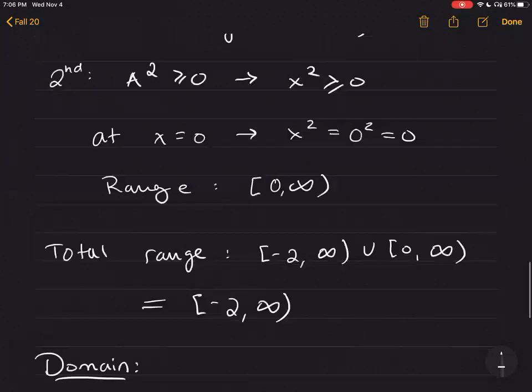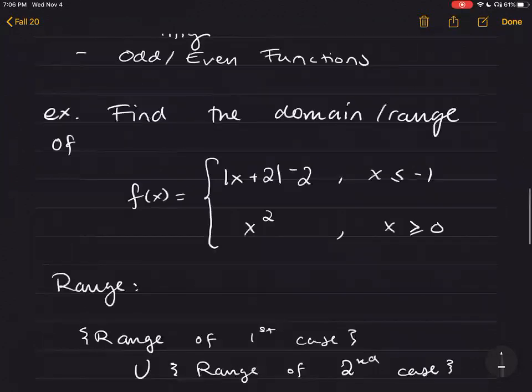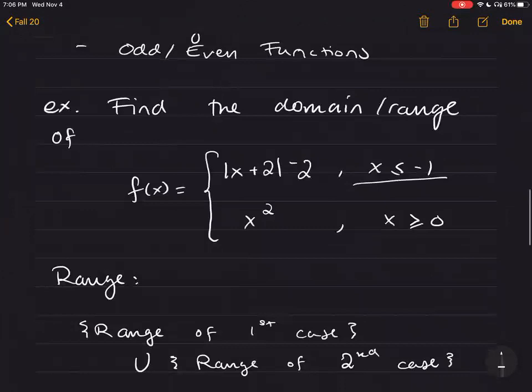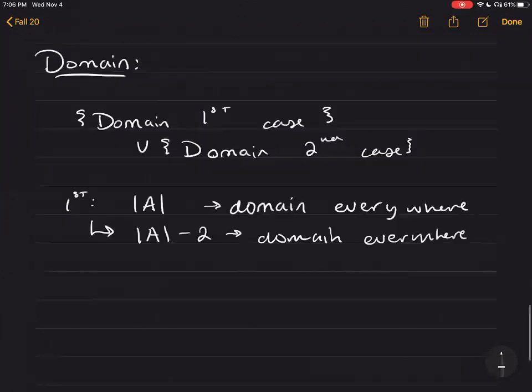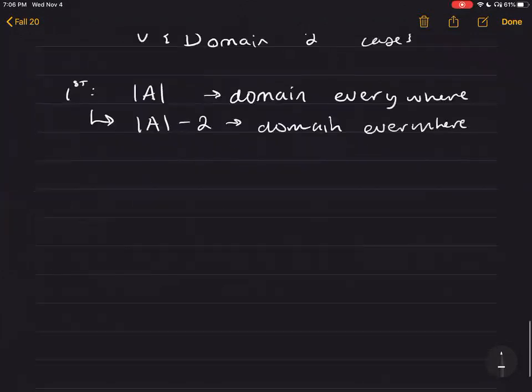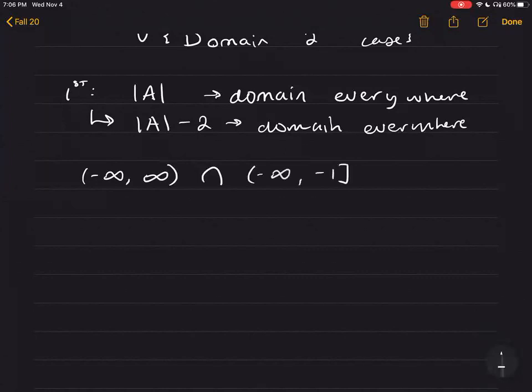Now we just have to be careful because this first case was only defined for x less than or equal to -1. So it's going to be defined everywhere, but we're only defining it for things less than or equal to -1. So what that looks like is an intersection, and the domain of this first case is just -infinity to -1.